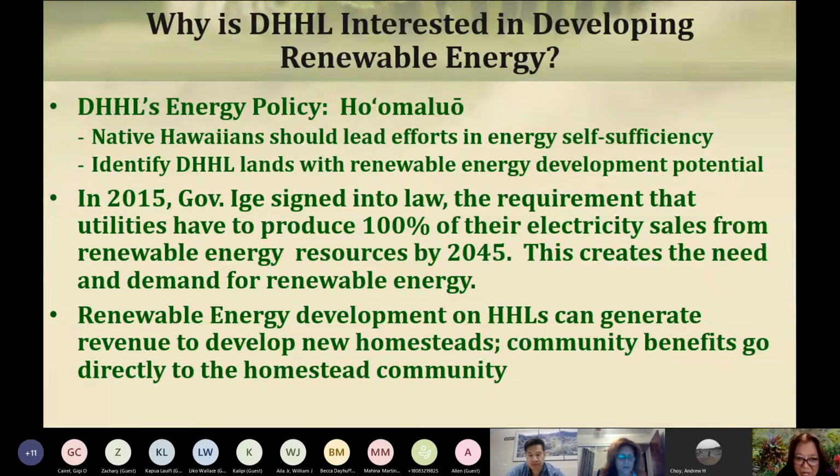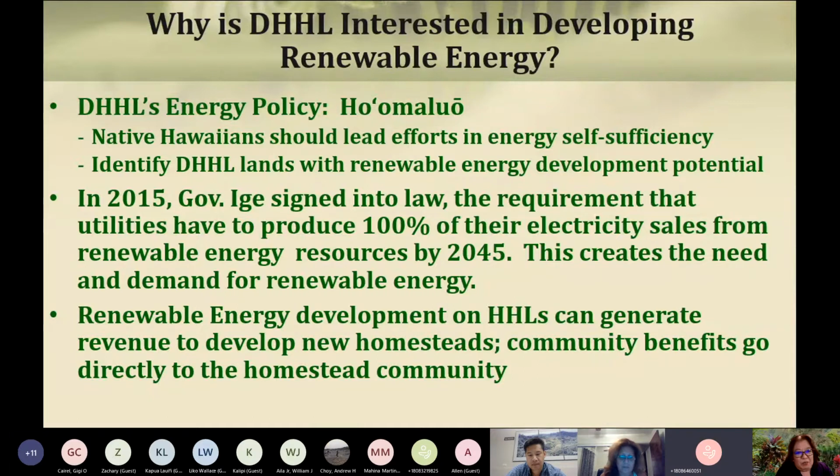This is a major thing, 100%. We're the first in the nation to do this. It effectively creates a need and demand for renewable energy. It's a commitment, and it's law. So it was a major change in direction, and it's one of the reasons why we pay attention to it.